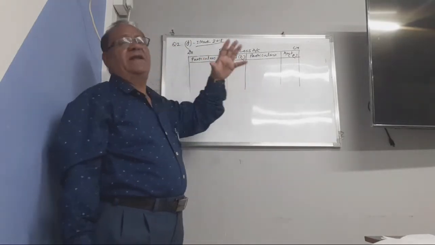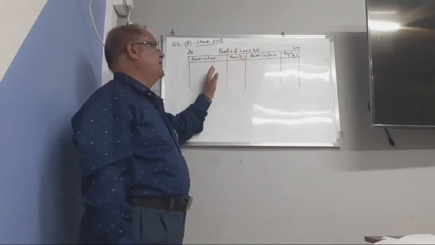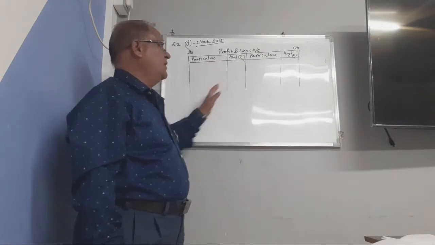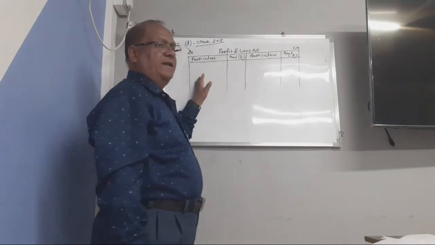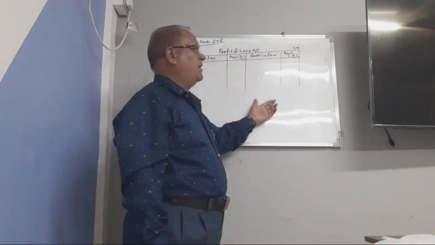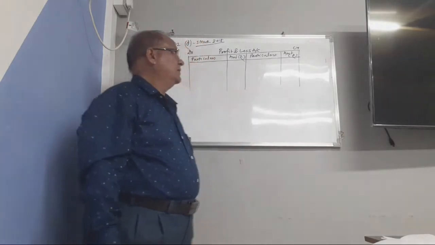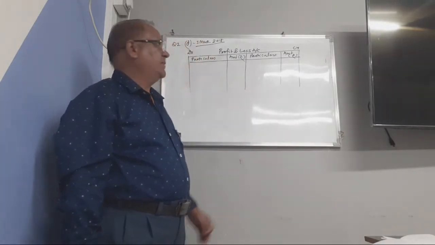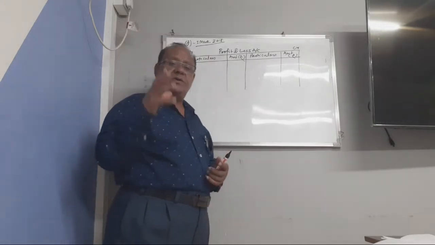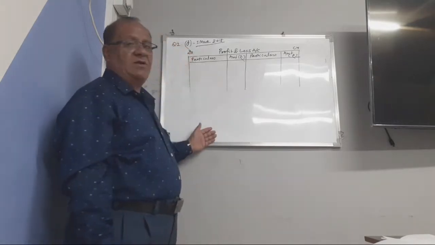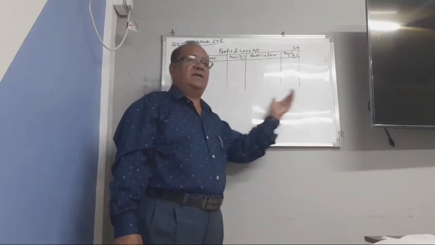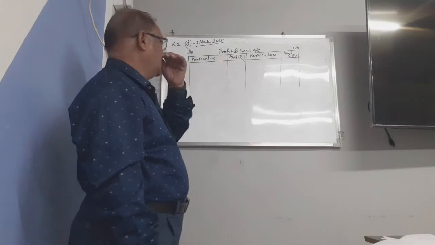All indirect expenses and indirect incomes are recorded in it. All indirect expenses are debited to the profit and loss account, and all indirect incomes are credited to it. Because it is based on the nominal account rule: debit all expenses and losses, and credit all incomes and gains.